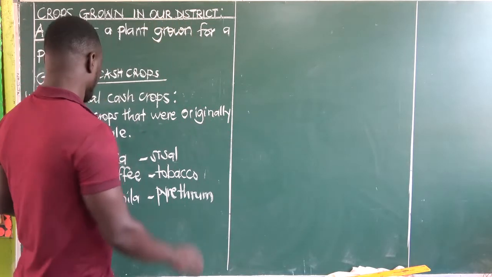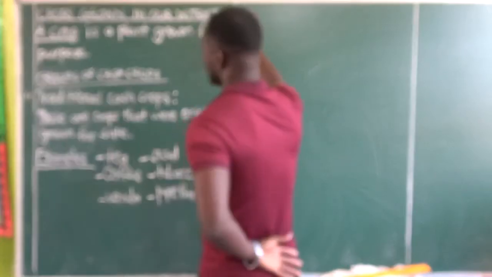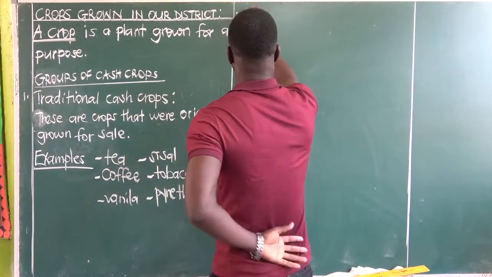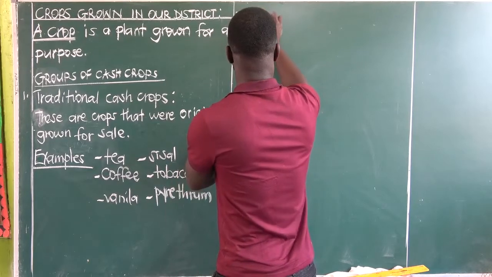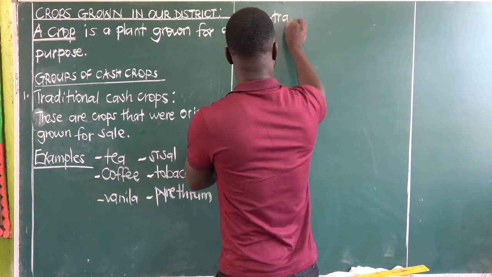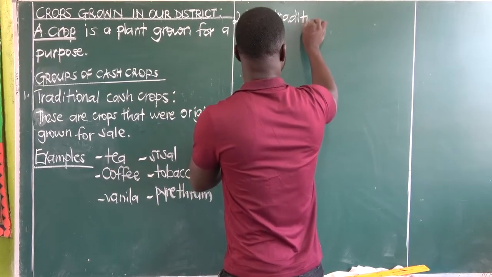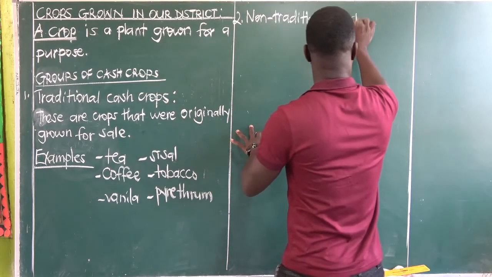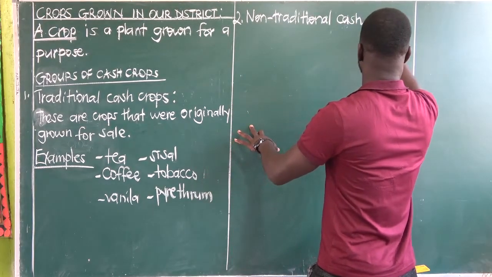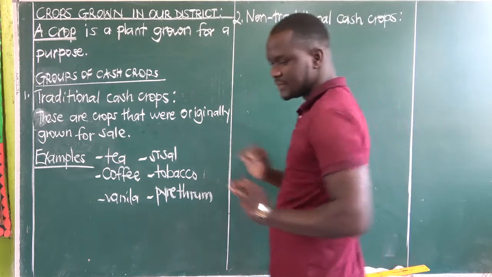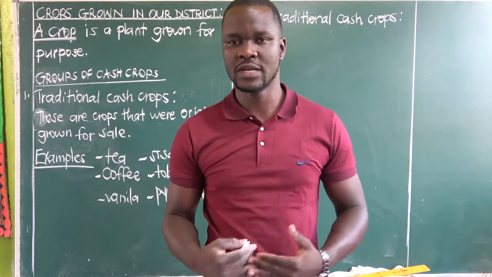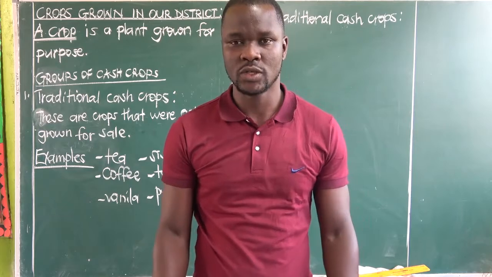And then we also have the second type of cash crops. This was number one. The second one, we are going to call non-traditional cash crops. Therefore, we are now going to understand which are these crops that we call the non-traditional cash crops.